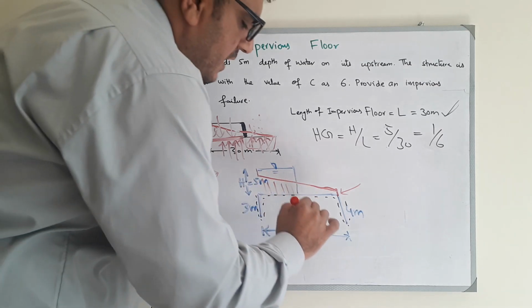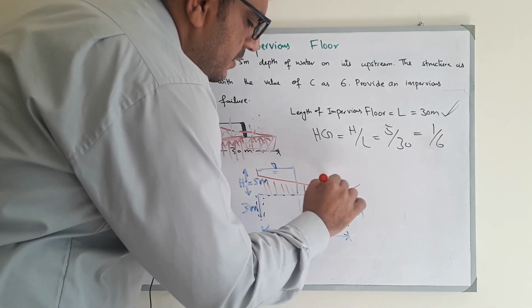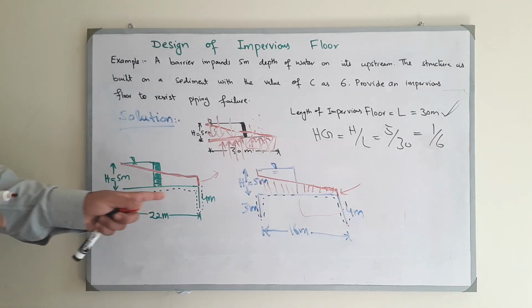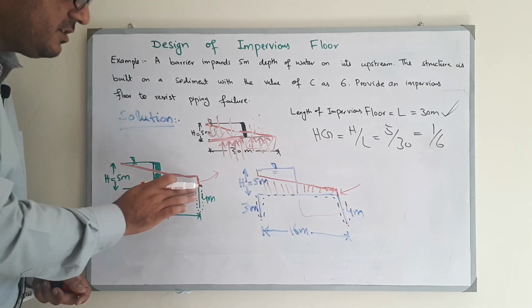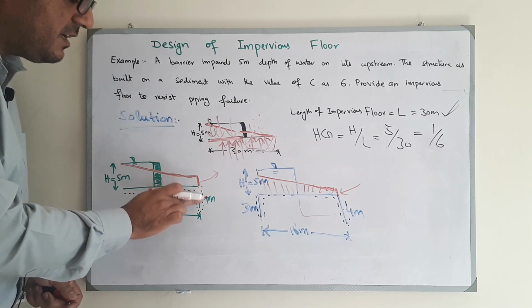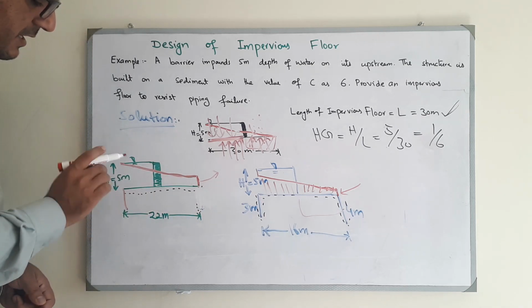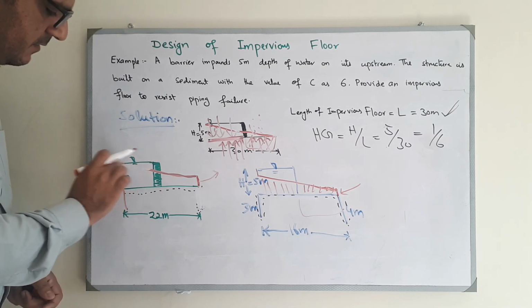We have to provide the floor thickness for this residual pressure. So if we provide the sheet pile at the upstream instead of downstream, I provide the sheet pile here. So what will happen?